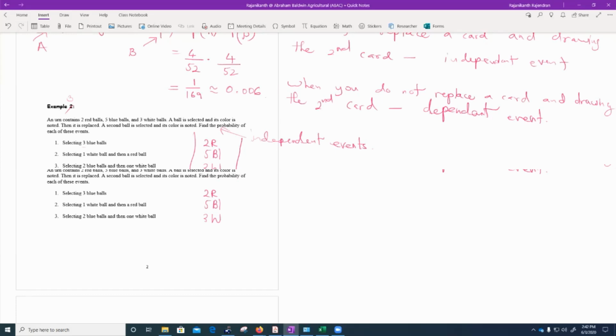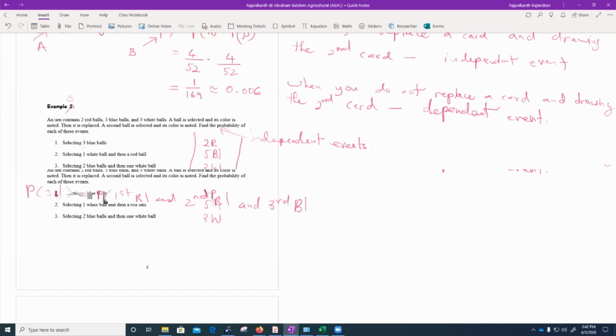So the probability of three blues means first time blue, second time blue, and third time also blue.